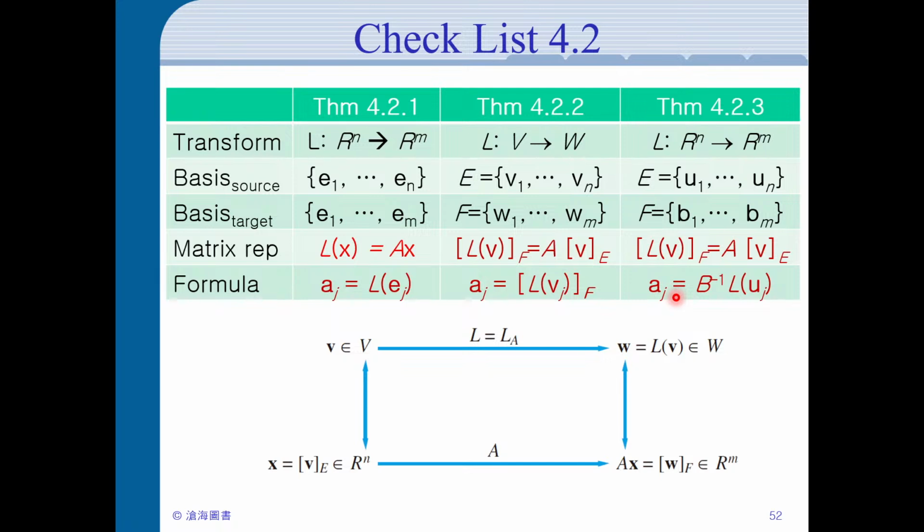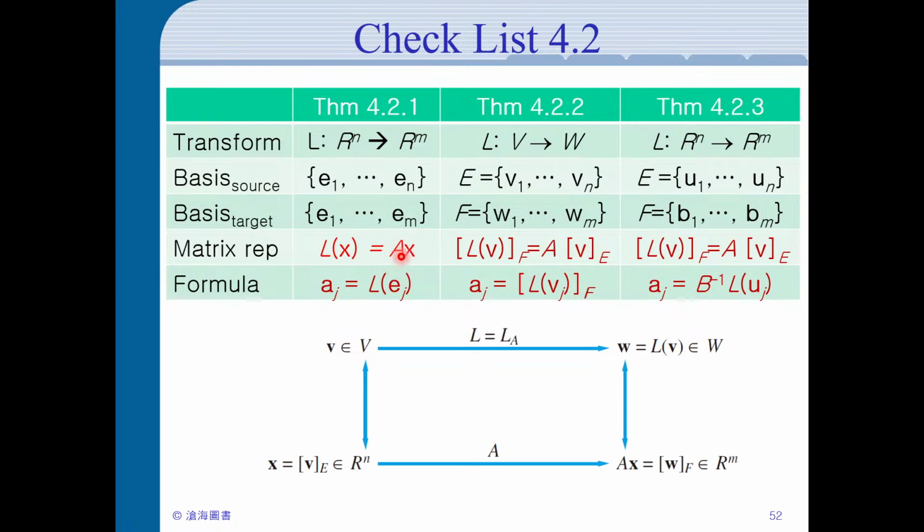Okay, so let's get back to linear transformation and a quick review of what we are doing. In 4.2, we are saying that every linear transformation can be represented by a matrix. We start with this Rn to Rn example, and we see that a linear transformation from Rn to Rn can be written as A times x, a matrix times your vector.